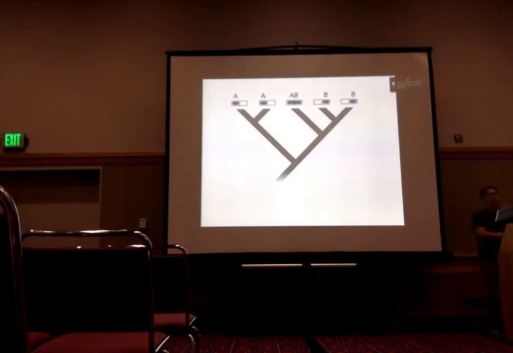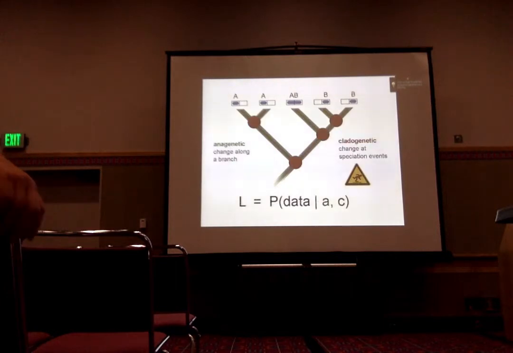Remember, what we're trying to do is explain the data at the tips, these geographic ranges, let's say two areas A and B, through stochastic events along a phylogeny. Now, DEC and DEC+J, all DEC-based models, are unusual in the sense that there's not one single process explaining the data. There are actually two processes: one is anagenetic, the A, and one is cladogenetic, the C. And these are very distinct processes, as will become very clear.